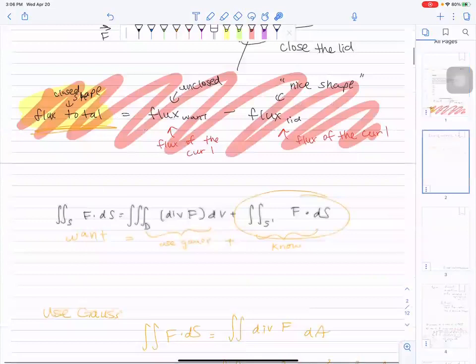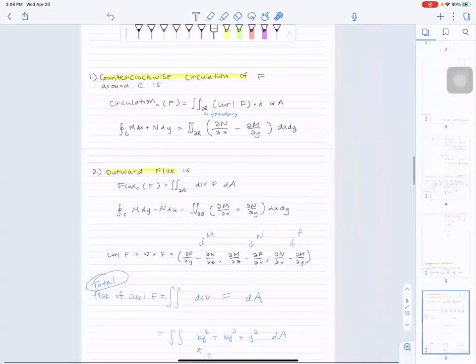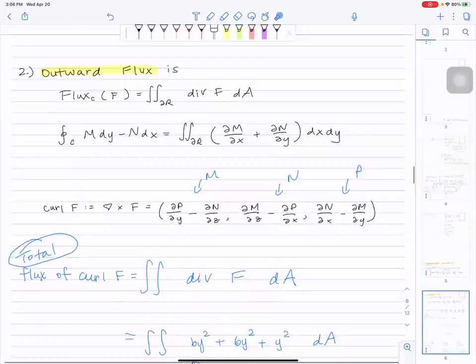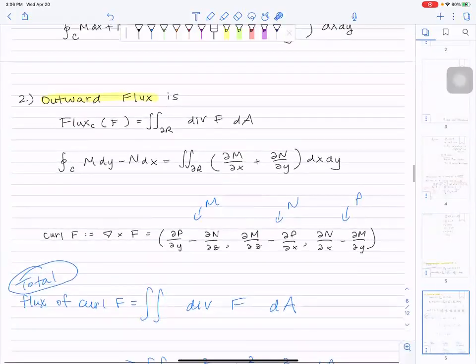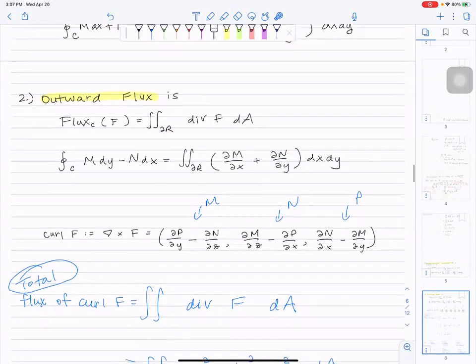Yeah, okay. So right now we're trying to find the flux of F bar. F bar is the curl of something, and we're trying to find the flux of this whole function now.